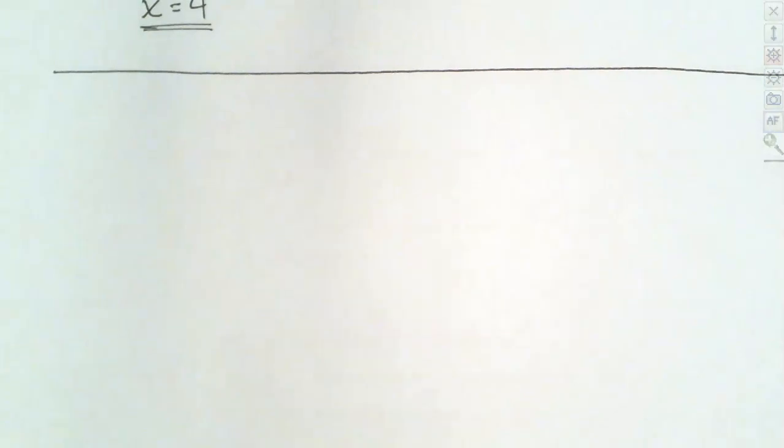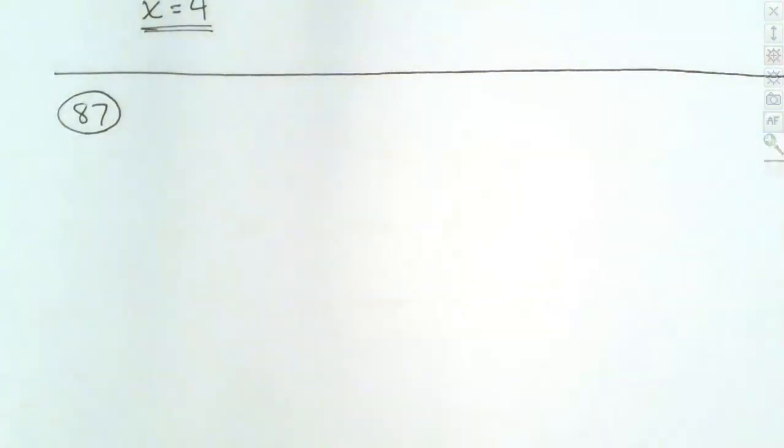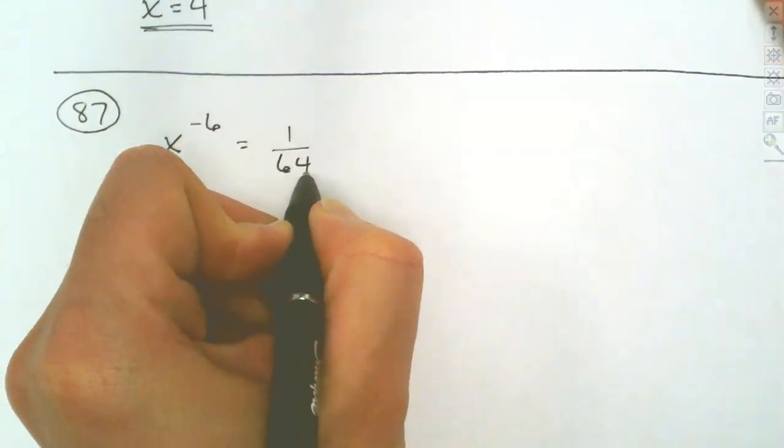Okay, so let's look at another one of these. This one's a little bit different. Let's look at question 87. We've got x to the negative 6th power equals 1 over 64.